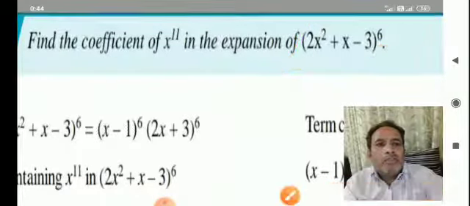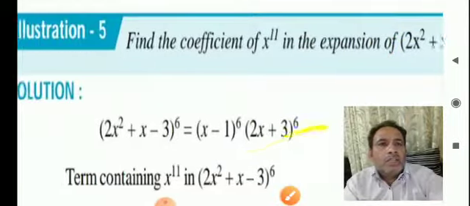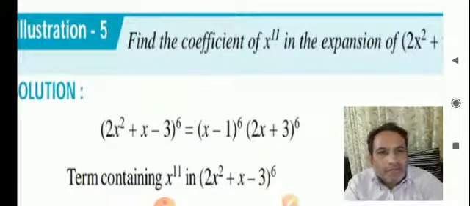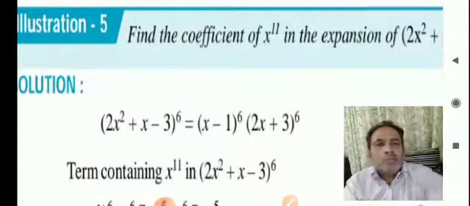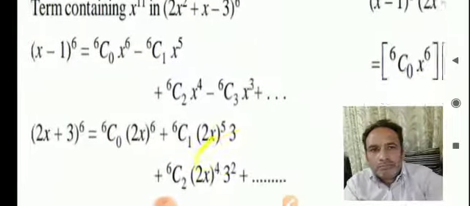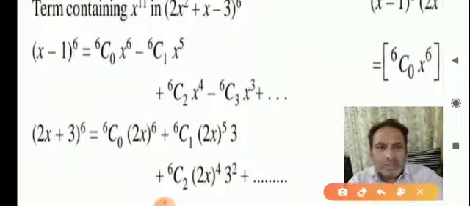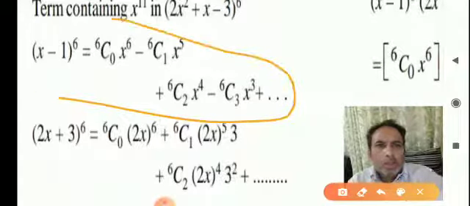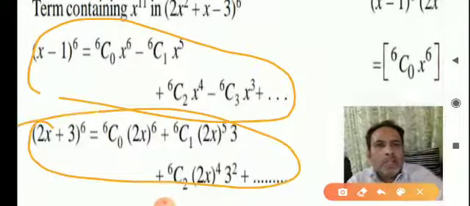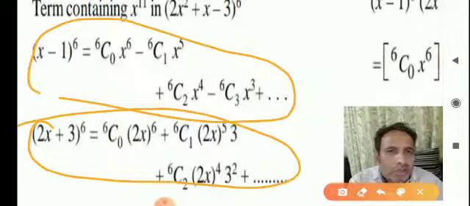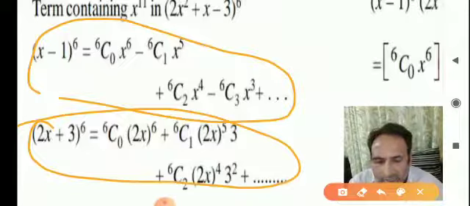But here what we have done is make two different binomials. So you have to open both the terms, x minus 1 to the power 6 and 2x plus 3 to the power 6, and search out which terms will combinedly give x to the power 11.